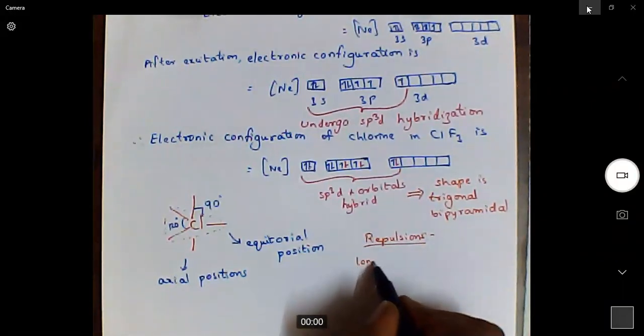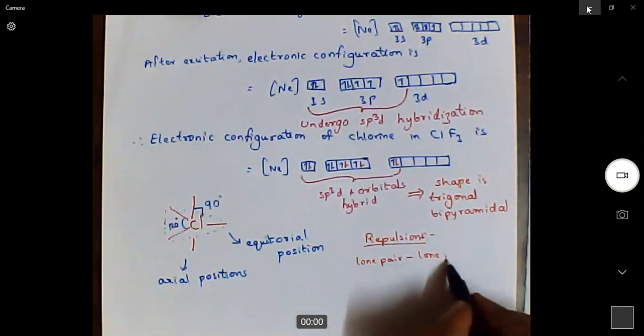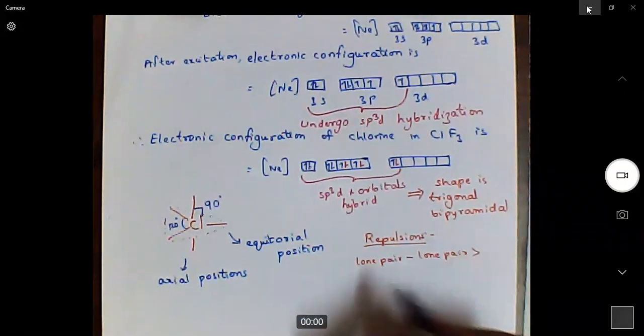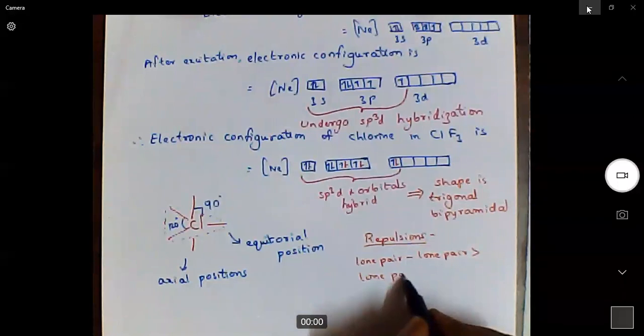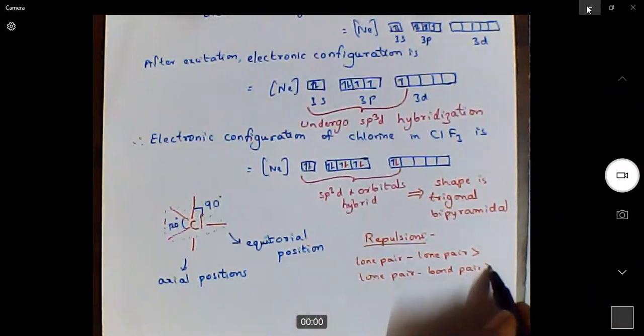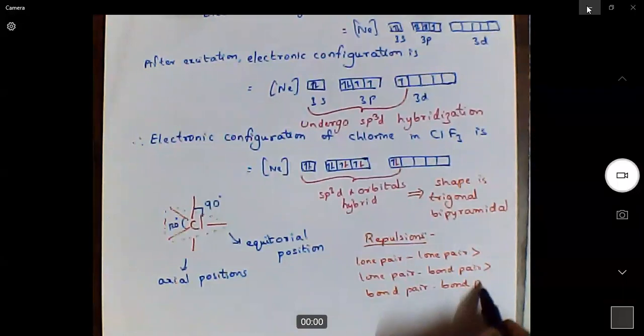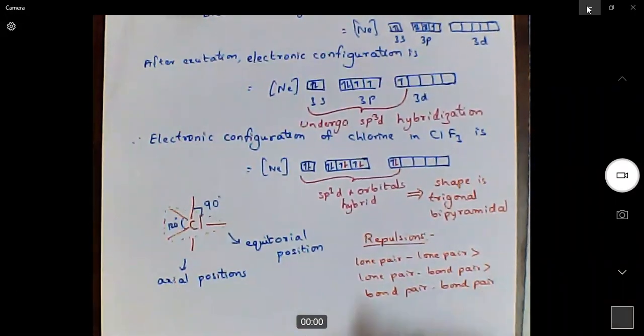Now, the repulsion between lone pair and lone pair is always greater than lone pair bond pair, and which is in turn greater than bond pair bond pair. What is a lone pair of electrons?